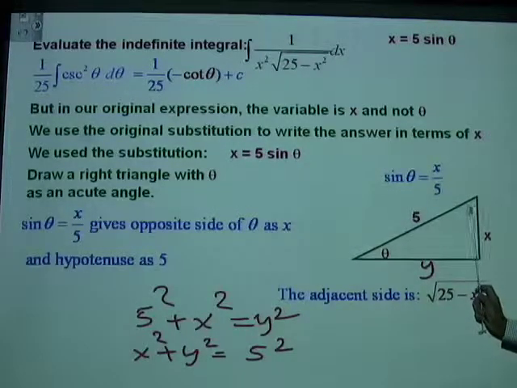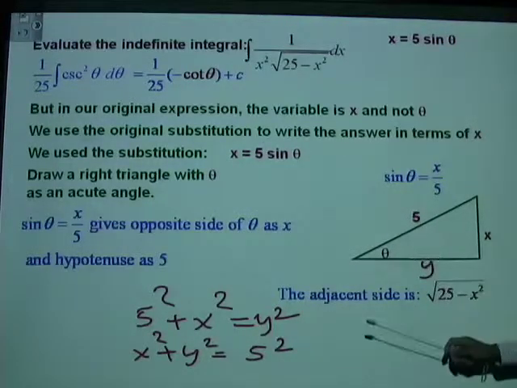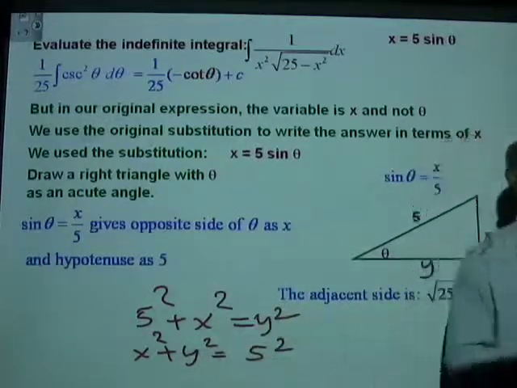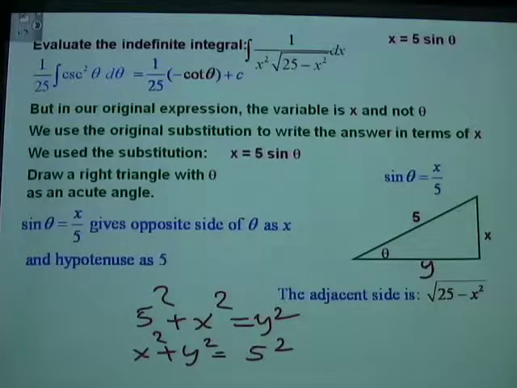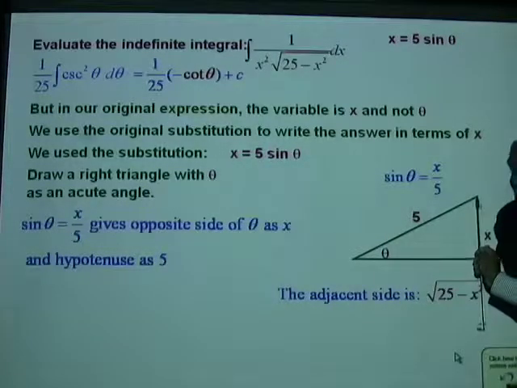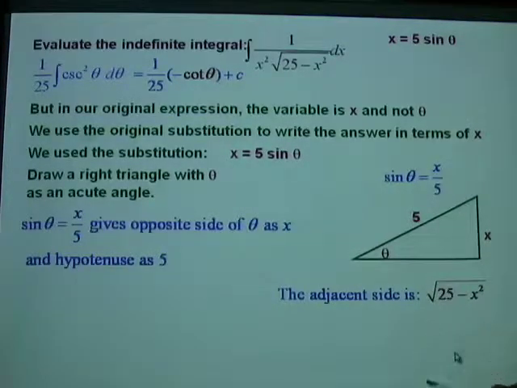Alright, just delete that. If you solve this, you will get y equal to square root of 25 minus x squared, and that is what is expected here. That means when the opposite side is x and the hypotenuse is 5, the adjacent side is square root of 25 minus x squared.